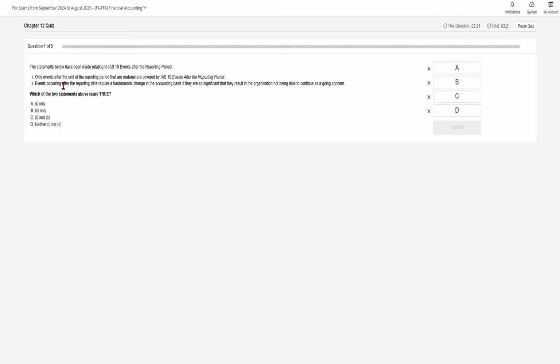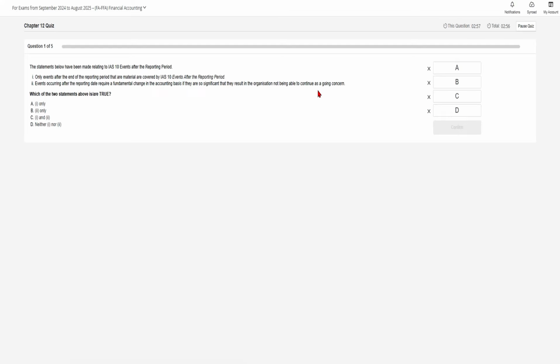Now second, events occurring after the date require a fundamental change in the accounting basis if they are so significant that they result in the organization not being able to continue as a going concern. So again this is true, because this refers to a non-adjusting event that indicates that the entity whose accounts we have prepared is no longer going to be a going concern.